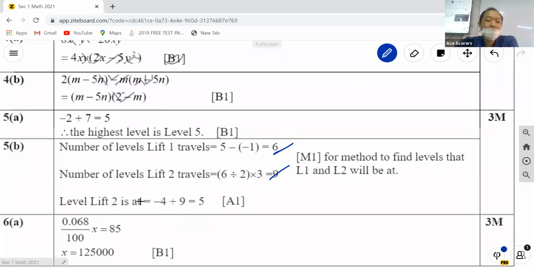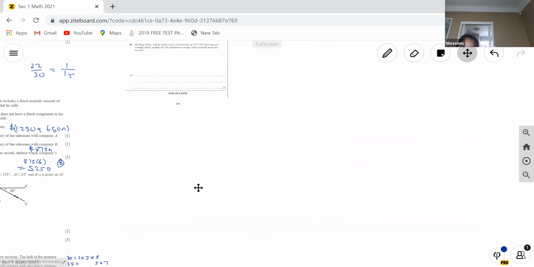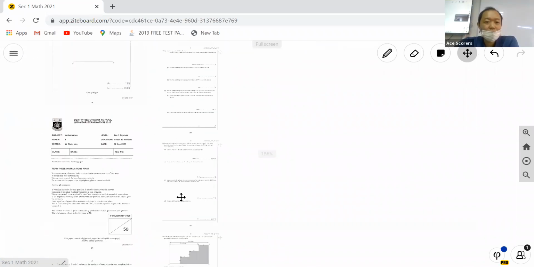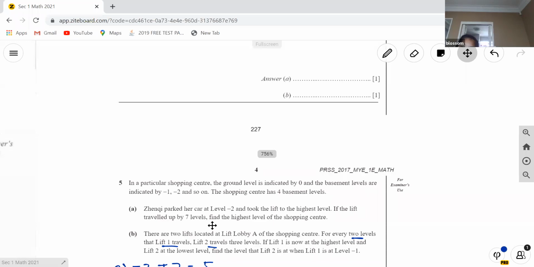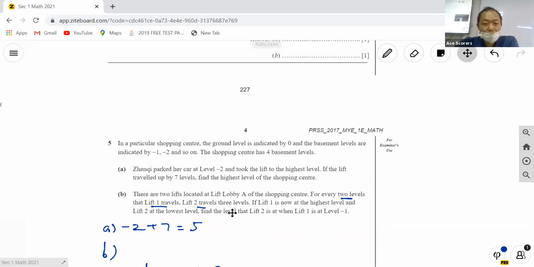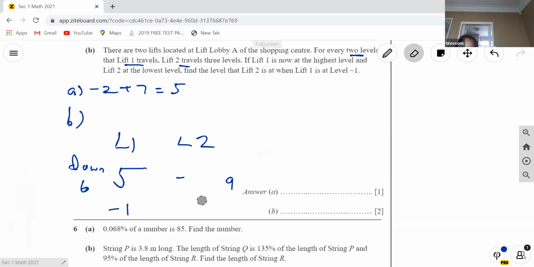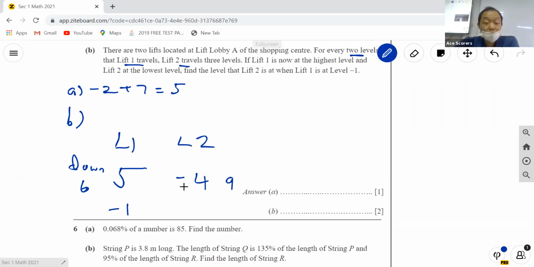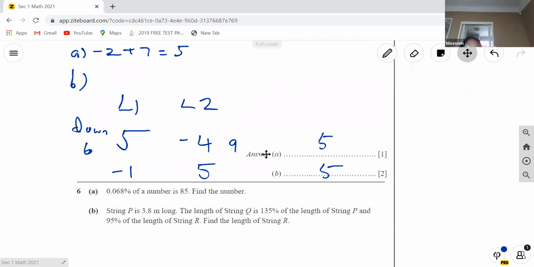Wait, is it negative 4? Oh no. Alright, so my theory is correct, just that I got the starting point wrong. How come I got negative 4? Oh, 4 basement. Okay, sorry. So this is negative 4. They start at negative 4. You go up by 9, you should end up at level 5. So the answer is 5, and this is 5 as well. I didn't read the negative 4.